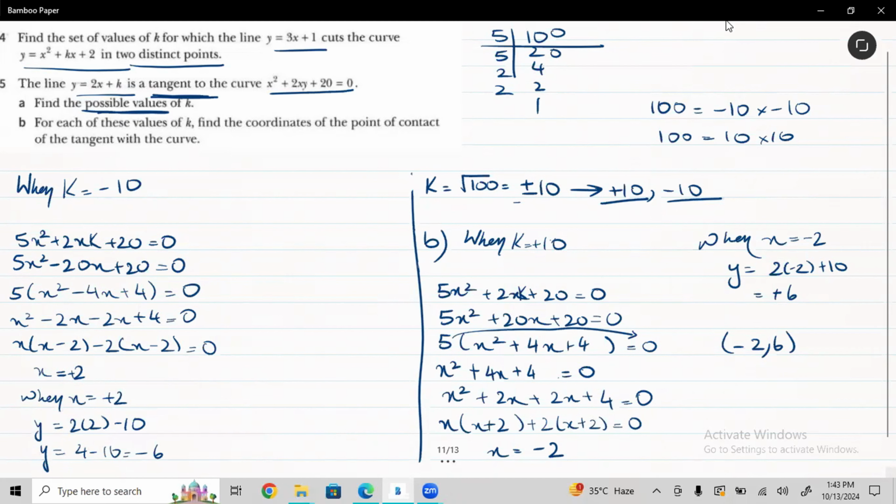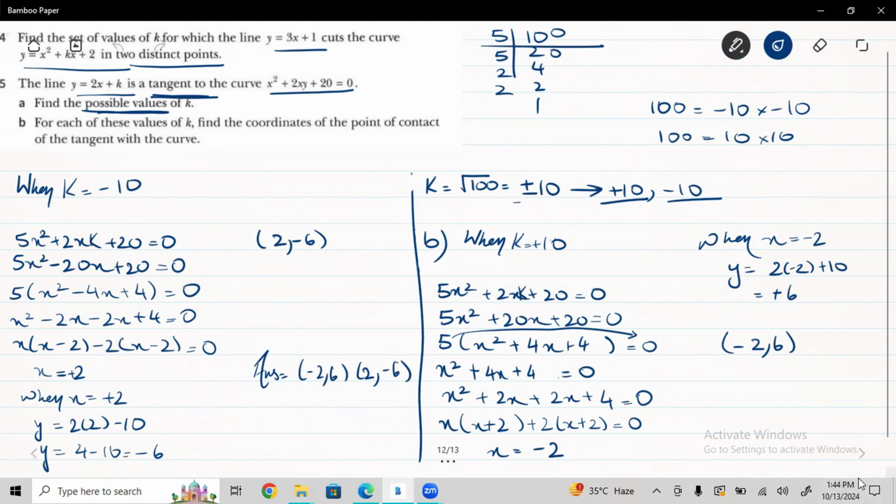So our value when k is equal to negative 10 would be positive 2 and negative 6. So our two coordinates in the end are negative 2 and positive 6, and positive 2 and negative 6. That's our answer for question number 5, part B.